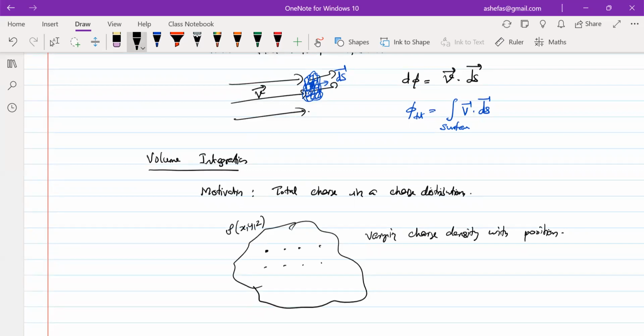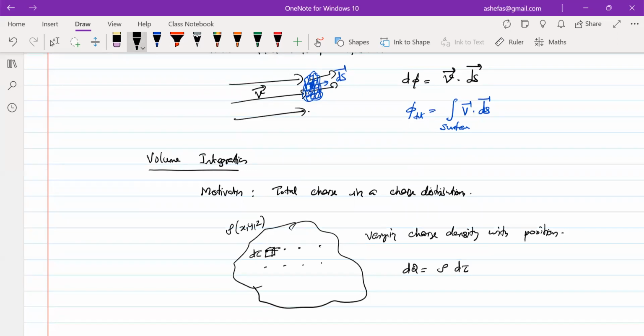Okay. Now what would be the charge in a very small volume? So you can consider an infinitesimal volume d tau. The amount of charge in that infinitesimal volume we can denote as rho times d tau. Then how can we find total charge?